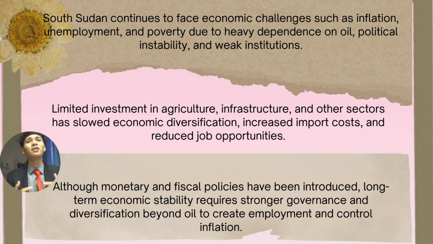It has been difficult to create new jobs or grow other parts of the economy, while the government has introduced new policies. Long-term stability will only happen if the country improves its governance and moves beyond oil to create more opportunities for these people. Thank you.